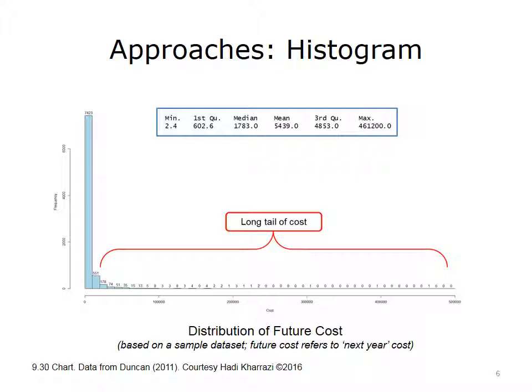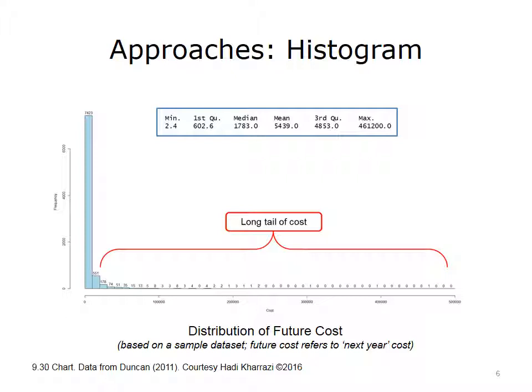As evident by the histogram's first bar on the left, a large denominator of the population has minimal cost. Also, the histogram shows that there are fewer and fewer patients as the cost increases from left to right. Indeed, there are only a handful of patients with an annual cost higher than $100,000.